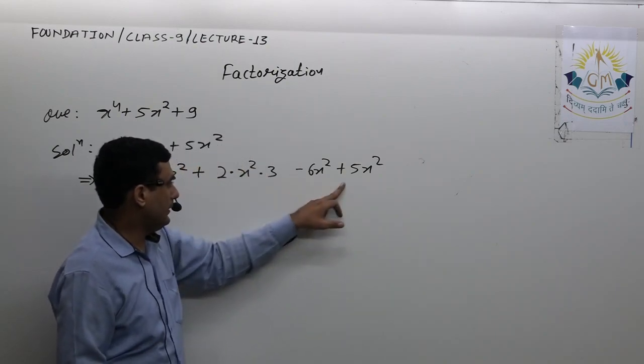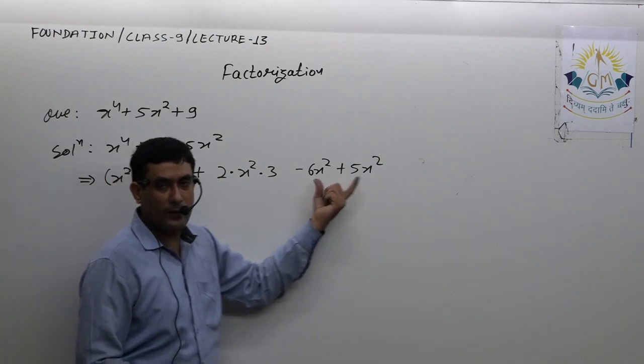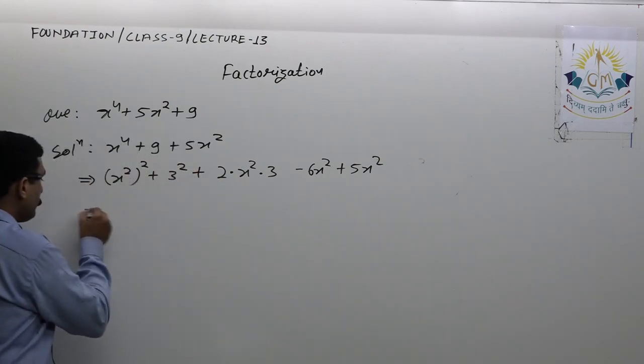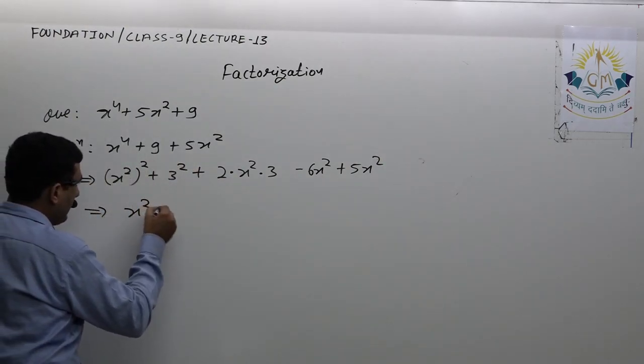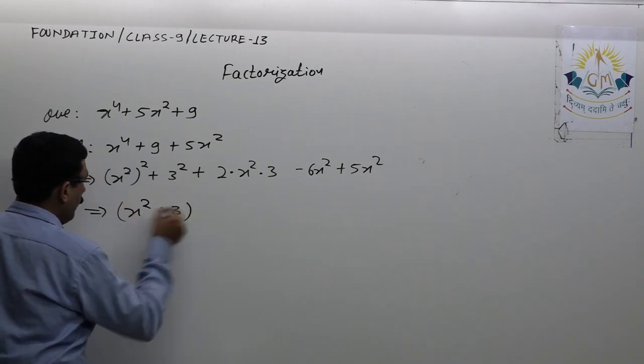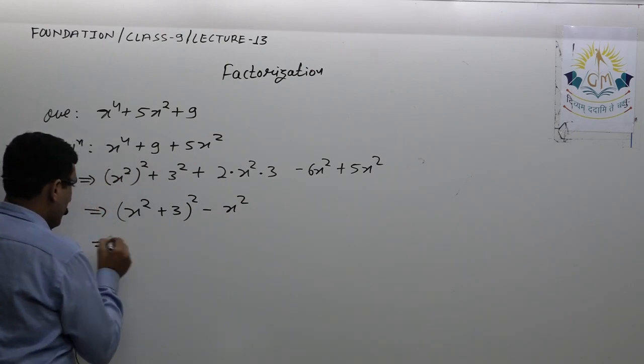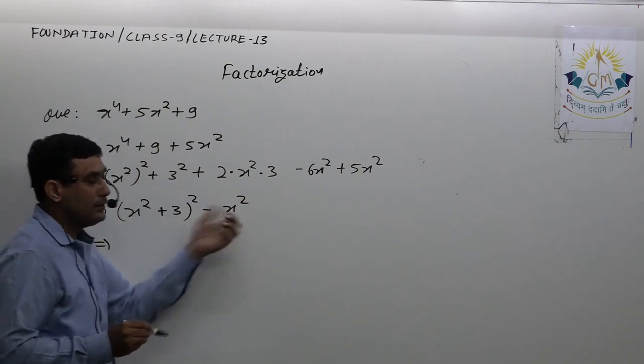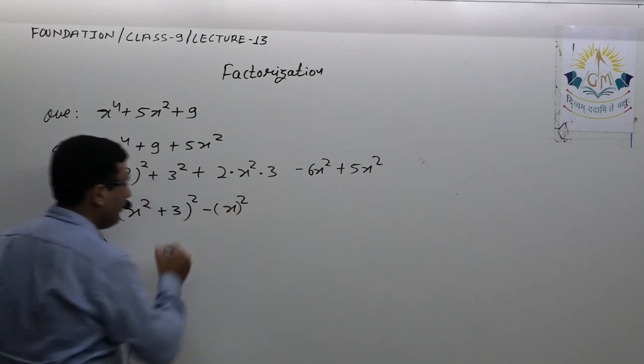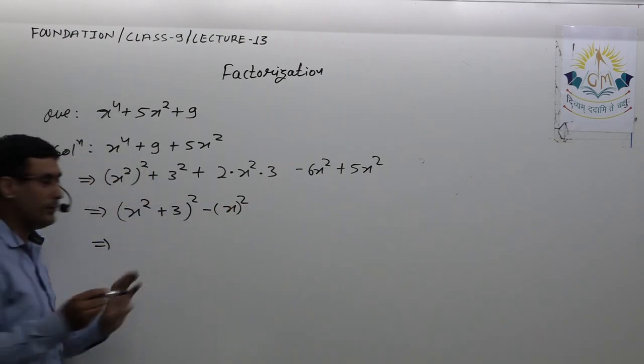So yes, the sum of these two is negative as well as a complete square. So here I can write x square plus 3 whole square minus x square. So this is a square minus b square. I am writing in this way so that you won't get confused.